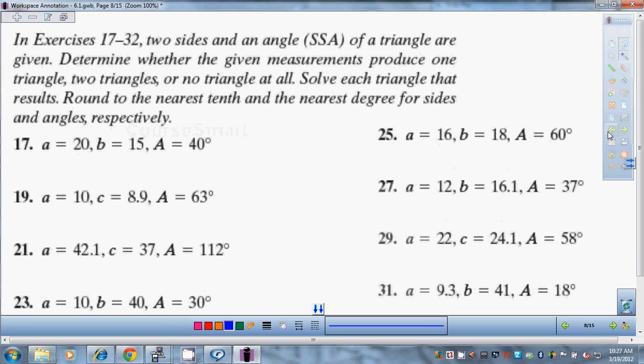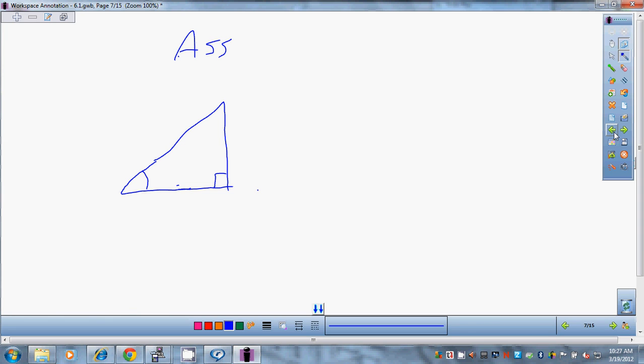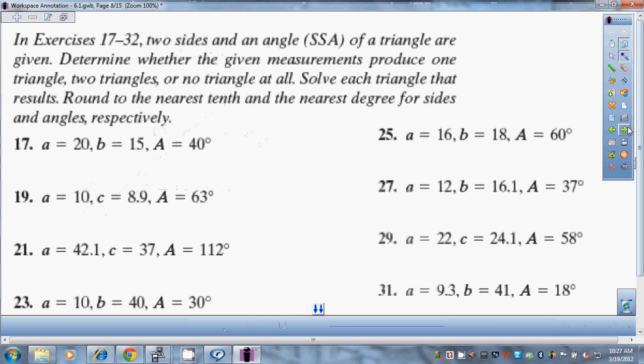So, let me go back to my little drawing. Everything I'm about to draw on the board is coming straight from the little blue box on page 647. We're looking at the situation where they give us side a, side b, and angle A. Side a, side b, and angle A. That's what they give us in each one of these, more or less.